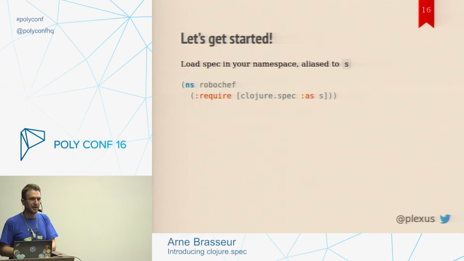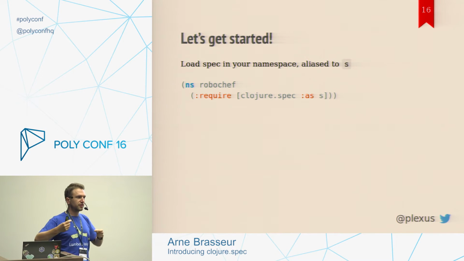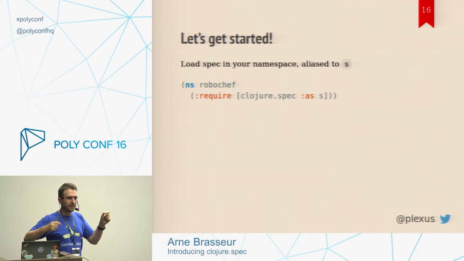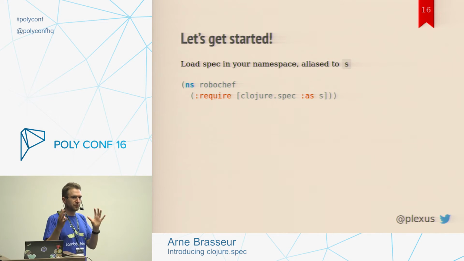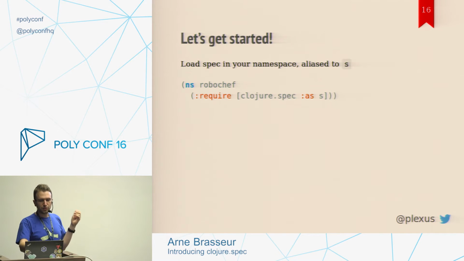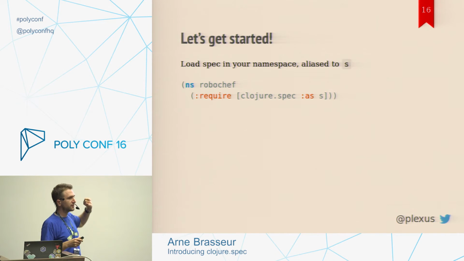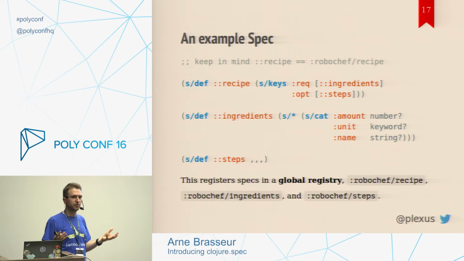I'm in my RoboChef namespace. I want to write some specs because we want to make sure that these recipes, as they flow through the system and are manipulated through various functions, are always valid, that they always conform to a certain specification. I've included clojure.spec here and aliased it to S. Now I can say s/def, which means I'm going to register a spec.